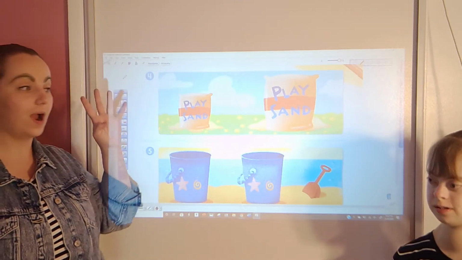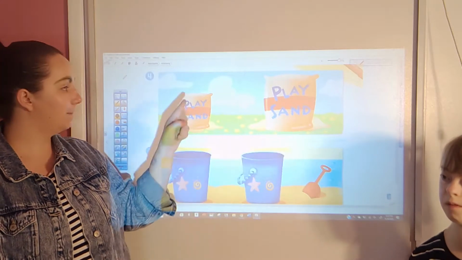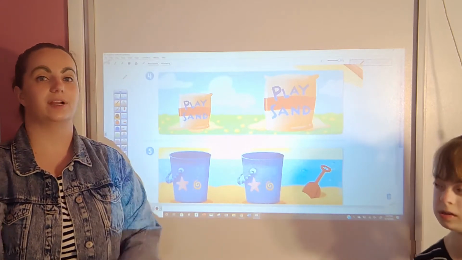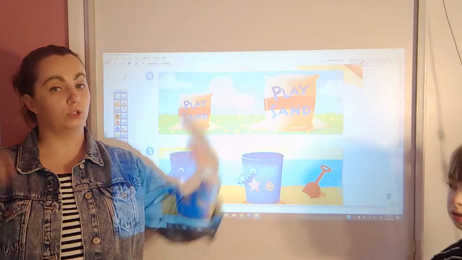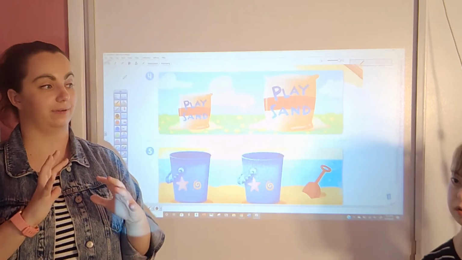Let's look at problem 4. I see we have 1, 2 play sandbags that we need to compare the capacity. Thinking about which bag holds more sand, which bag holds less sand. Okay?